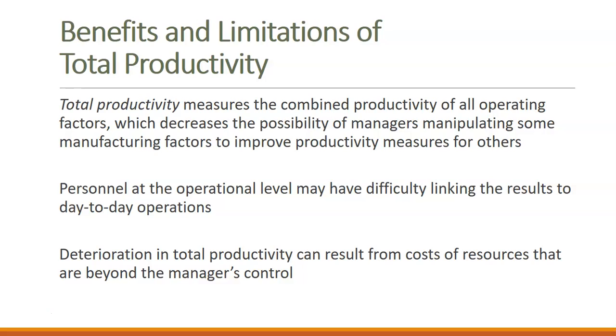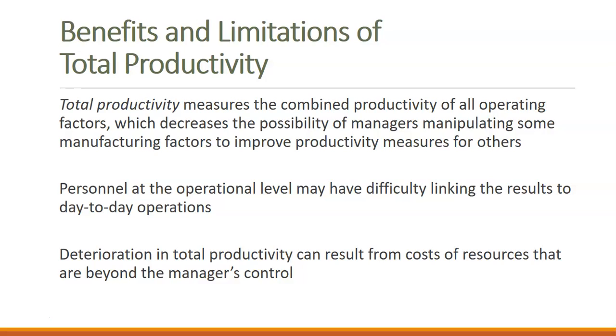The benefits and limitations of total productivity measures: total productivity is measuring the combined productivity of all operating factors. This decreases the possibility of managers manipulating some of those factors to improve productivity measures for others. We're also going to look at different ways that managers can manipulate results in a future chapter.